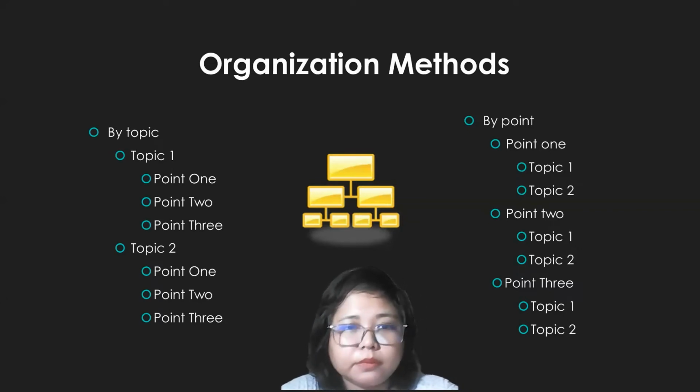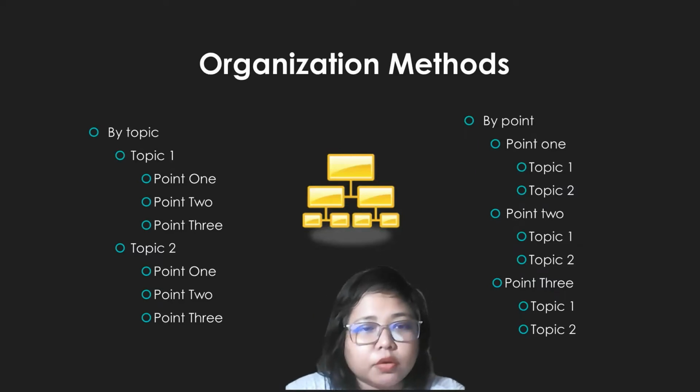For example, previously we talked about dogs and cats. So topic 1 here can be dogs. Topic 2 here is cats. Then you need to elaborate those two topics by using three points.